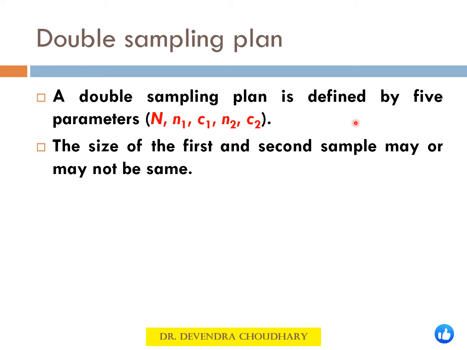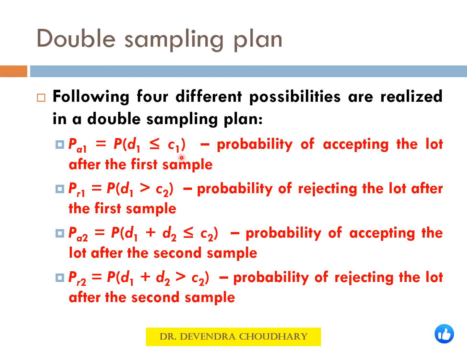So a double sampling plan is defined by 5 parameters: lot size, size of first sample, acceptance number for first sample, size of second sample, and acceptance number of second sample. Now, the sizes of the first and second sample may or may not be the same. In this double sampling plan, we come across 4 different possibilities.